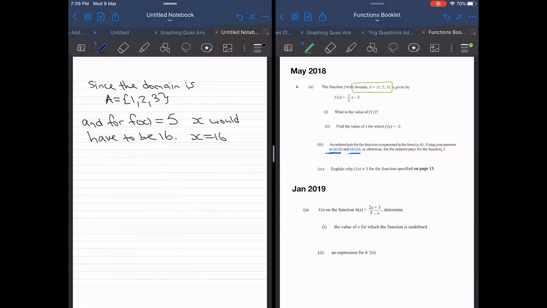X equals 16 is not in the domain. So like we have the 1, 2, 3.